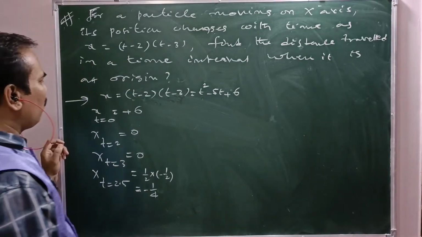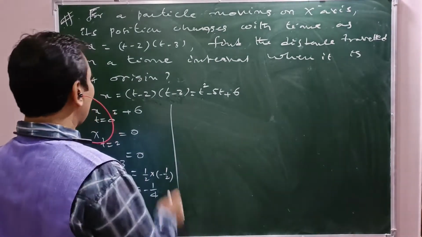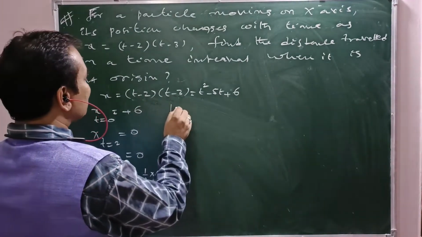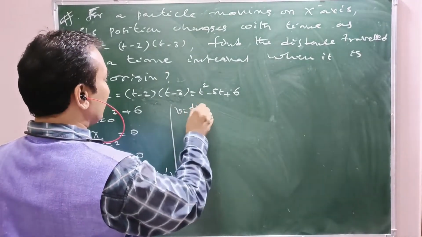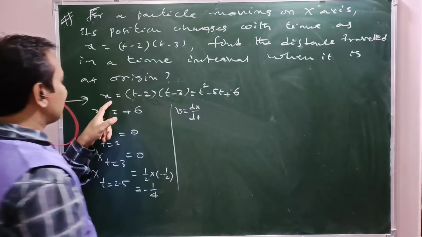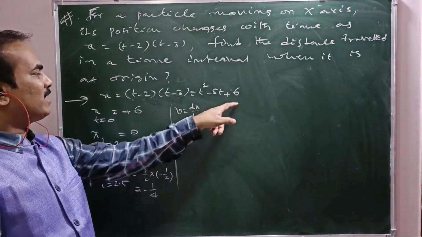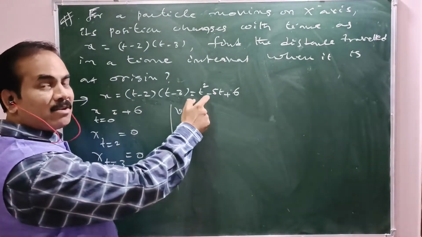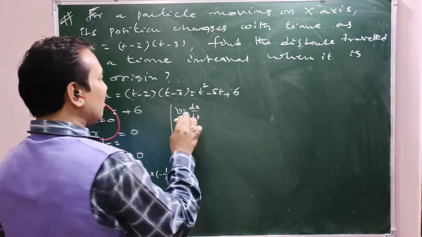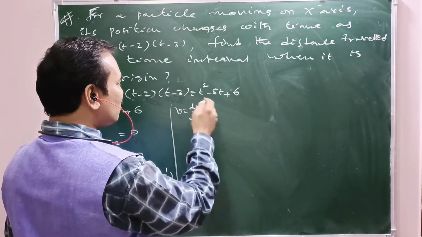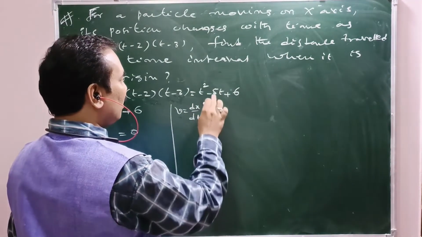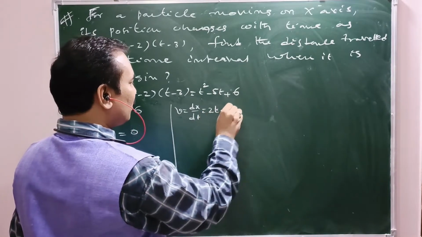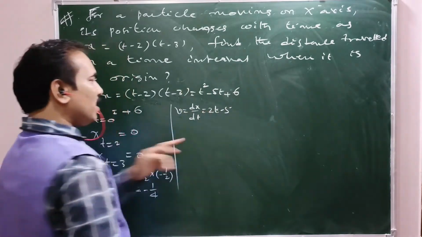Now what about velocity here? Velocity equals dx by dt. x is t square minus 5t plus 6. On differentiating with respect to time, t square gives 2t, 5t gives 5, and 6 gives 0 because 6 is a constant.